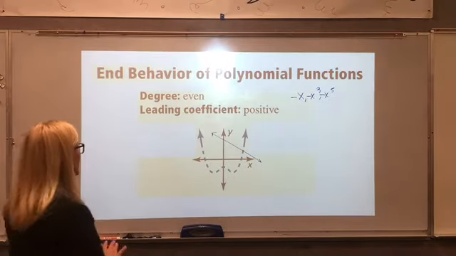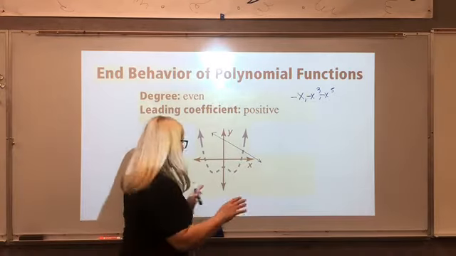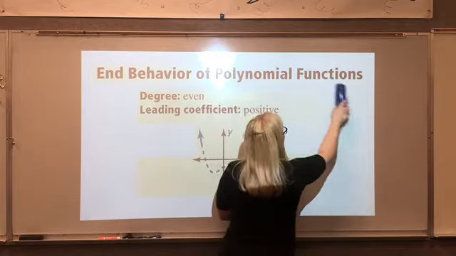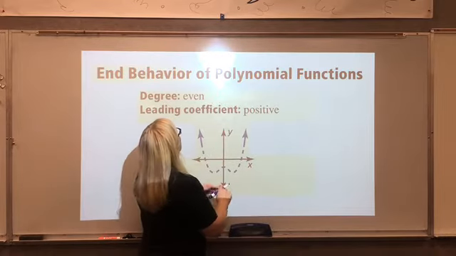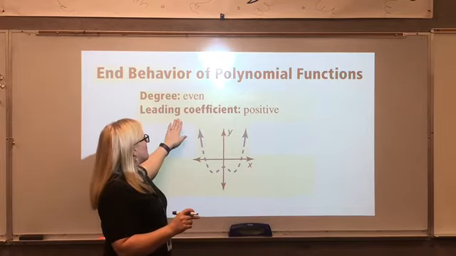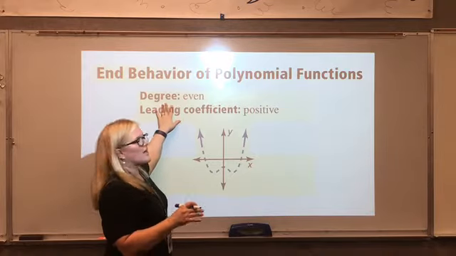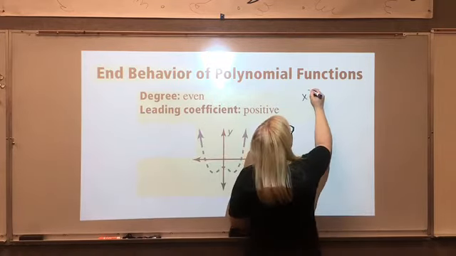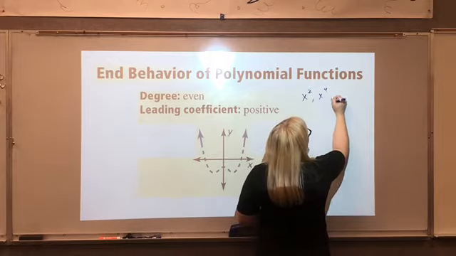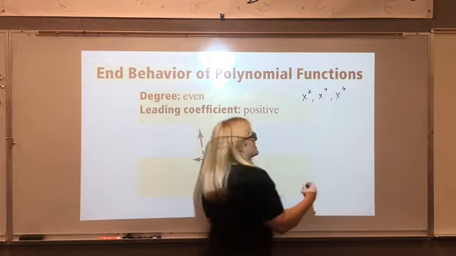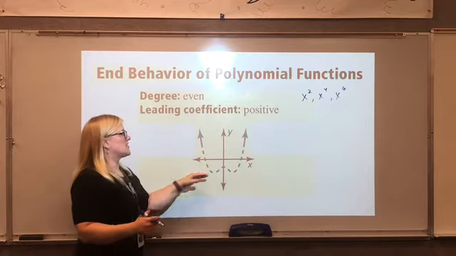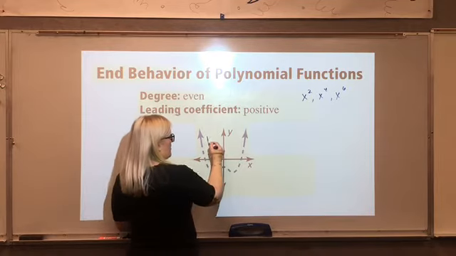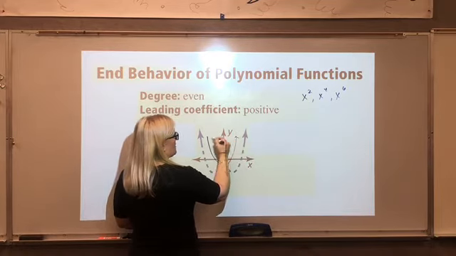Okay, those are the hard ones. These are much easier. Now we're dealing with polynomials with degrees that are even. So we're talking x squared, x to the 4th, x to the 6th, etc. And they basically look like this. Now x squared is just a parabola, right?